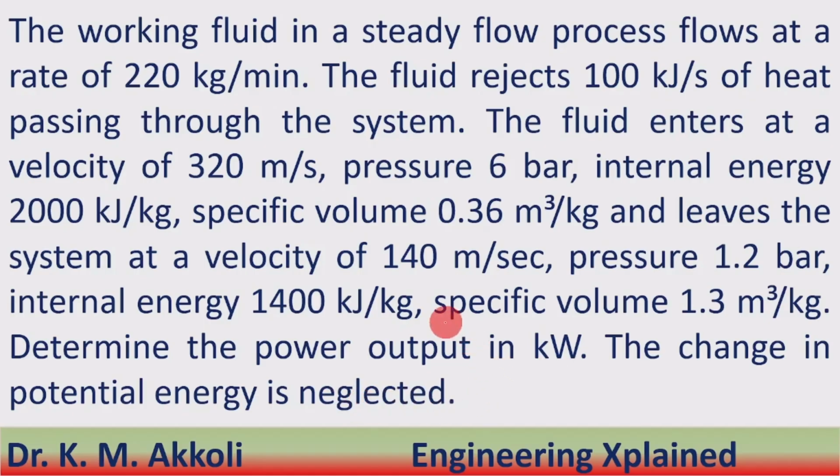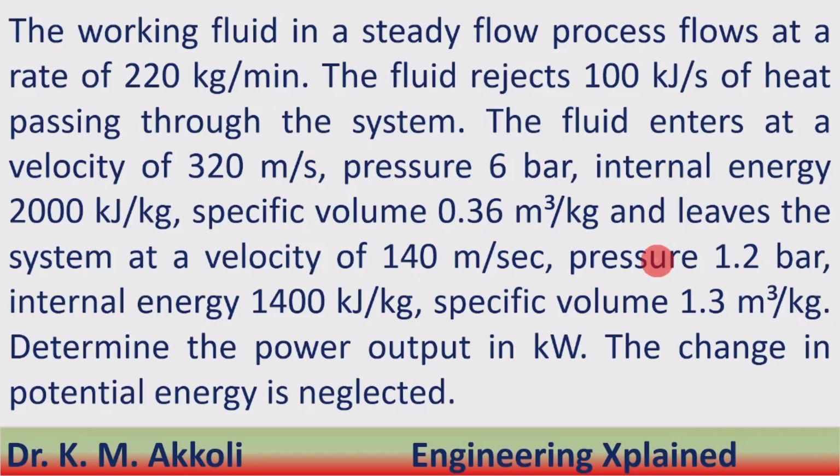This is the flow system in which the conditions at the inlet are all given, that is velocity, pressure, internal energy, specific volume at the inlet section, and the outlet section also are given. The mass flow rate of the fluid is given and also the system rejects 100 kJ per second of heat, that is a heat output.